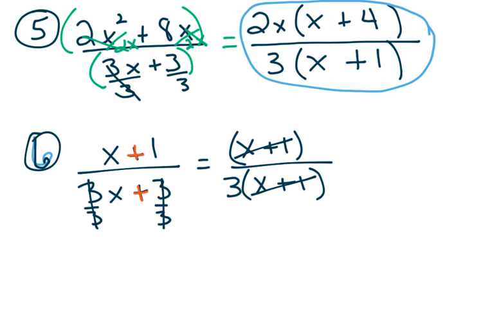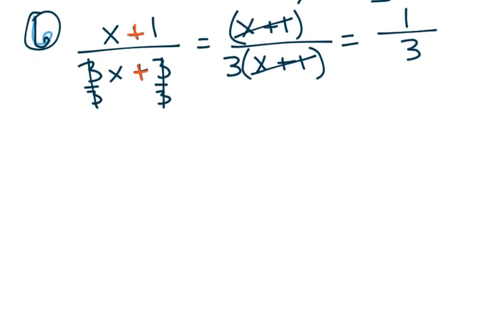The variable, the number, and the signs are exactly the same. Those I can cancel out. So x plus 1 divided by x plus 1 is a 1, and there's a 3 left on bottom. We have to be sure and put this 1 up here. When we cancel everything out on top, it's not 0, the fraction doesn't go away, it's a 1. So we have to be sure that we do that to keep the value correct.